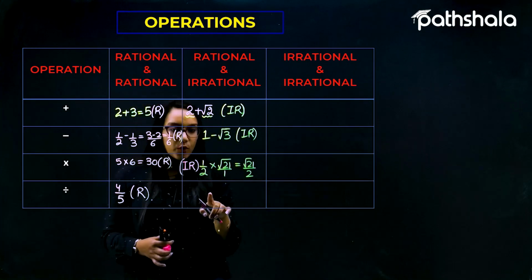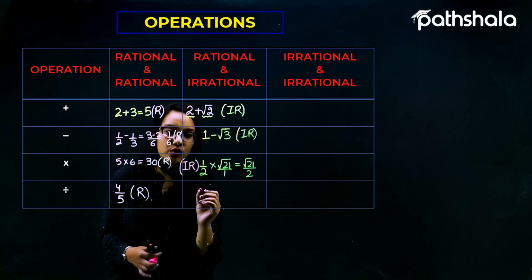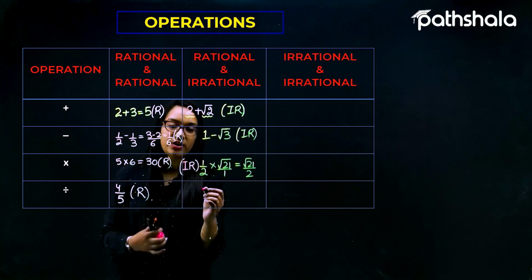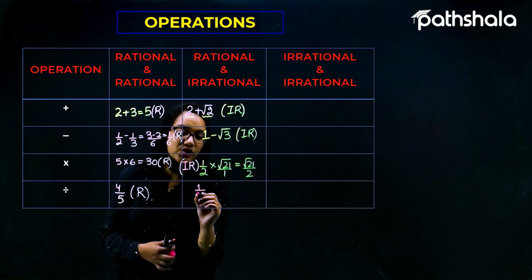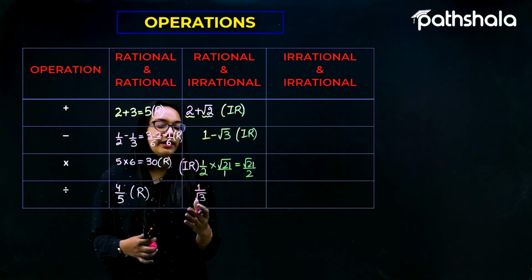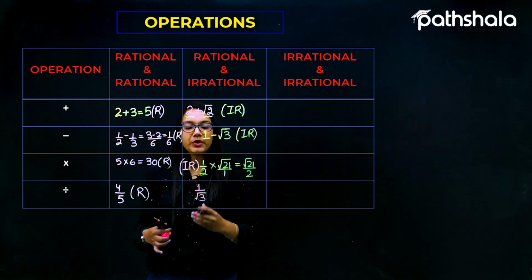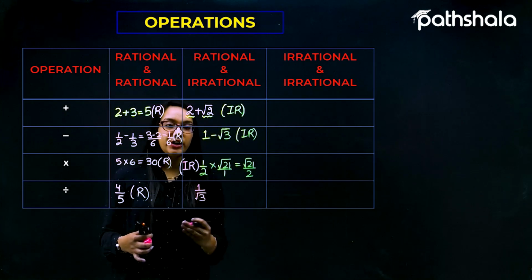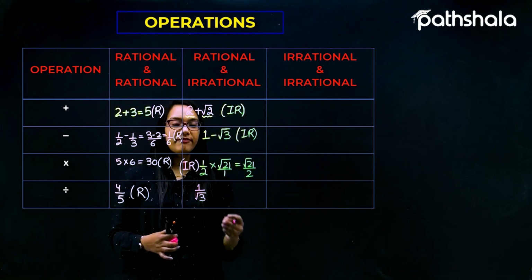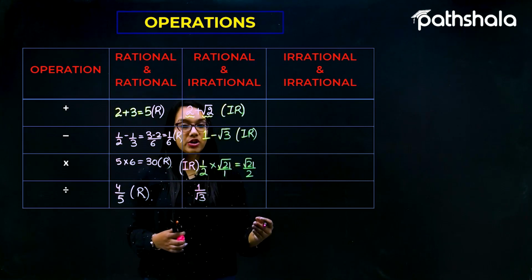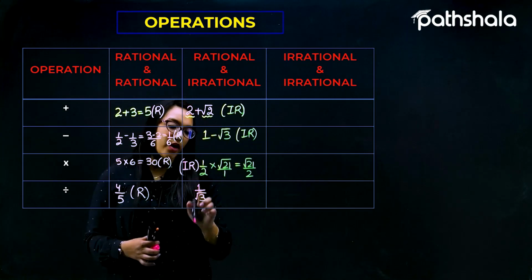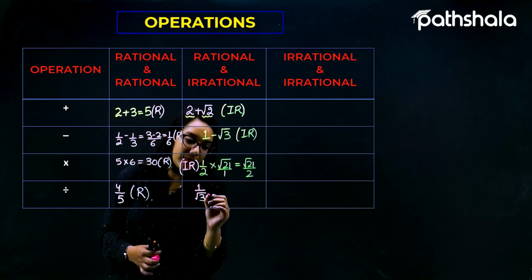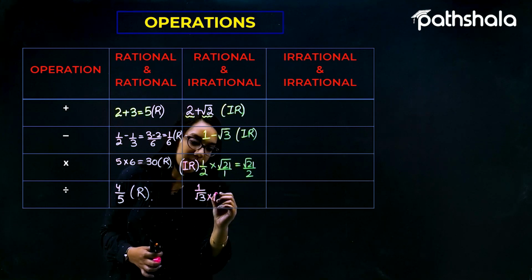Let us suppose we are talking about dividing a rational and an irrational. Let us suppose I am taking 1 as a rational and square root 3 as an irrational. So 1 by square root of 3 is definitely an irrational number again, because if we rationalize the denominator, we multiply the same irrational number in the numerator as well as in the denominator.